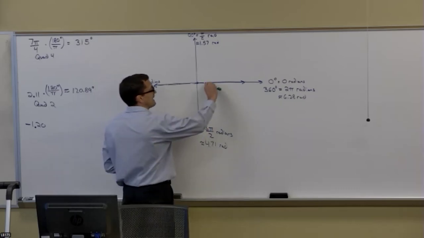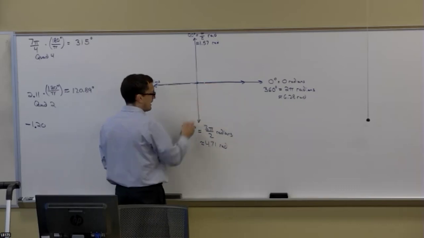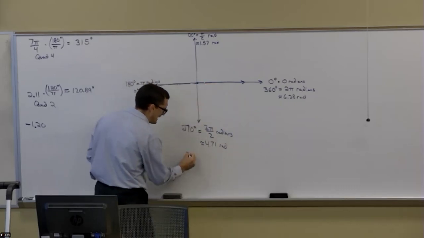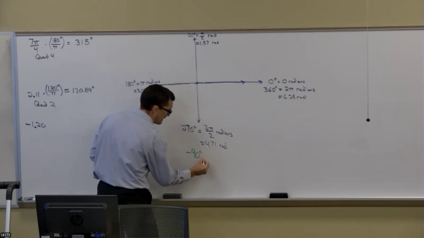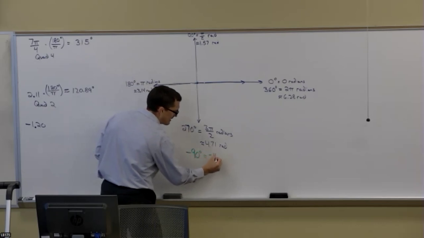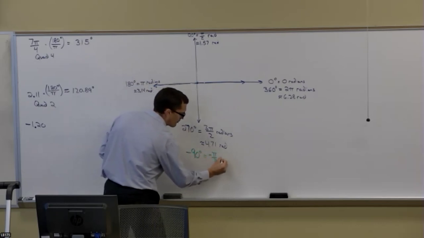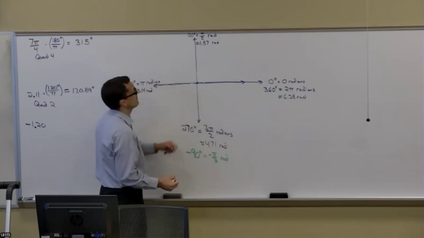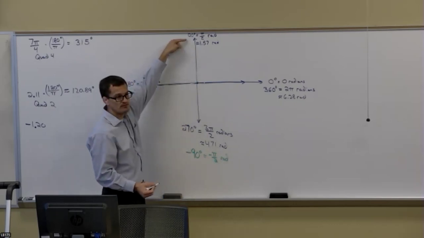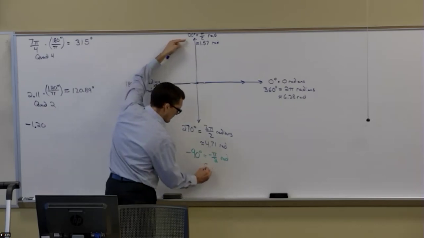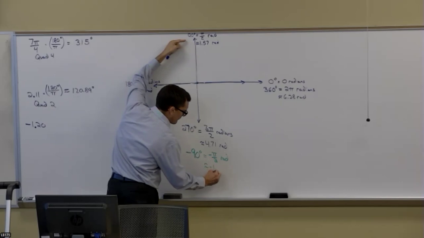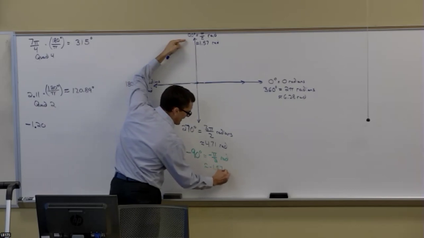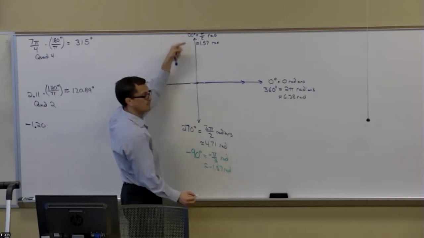But if I went in the negative direction, that's also negative 90 degrees, so that's negative pi over 2 radians. Notice it's the exact opposite of this. So that's negative 1.57 radians approximately.